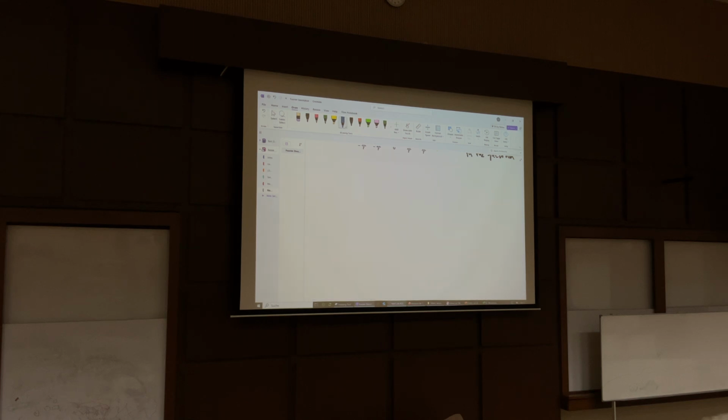You have here a signal S1 of t, which is aperiodic, and then you have an S2 of t that is periodic. This is aperiodic, and then you multiply them, and now you get a modulation of the S1 over S2.